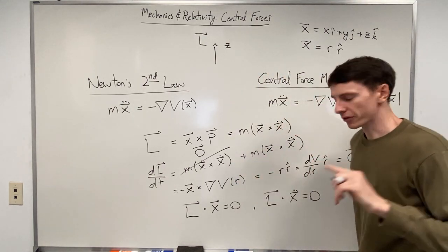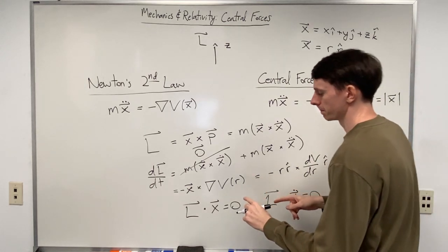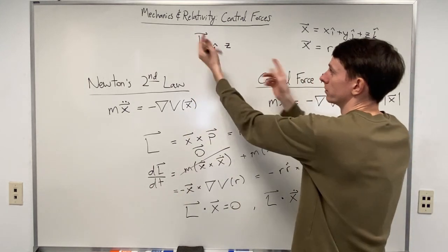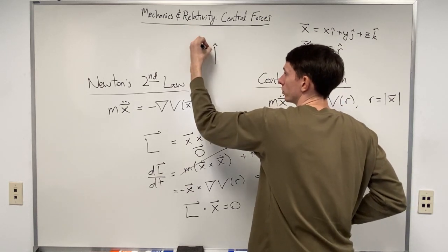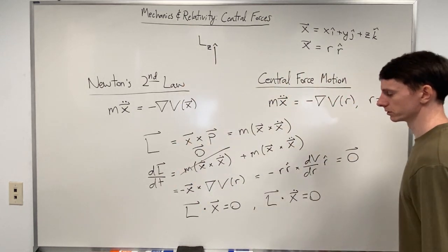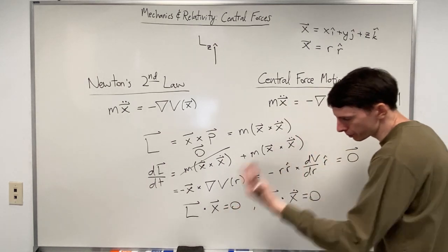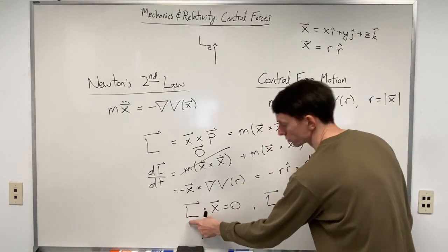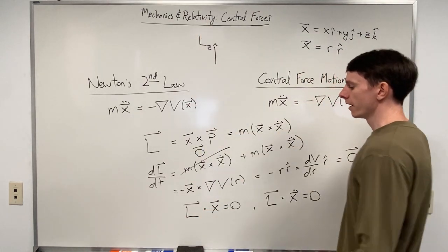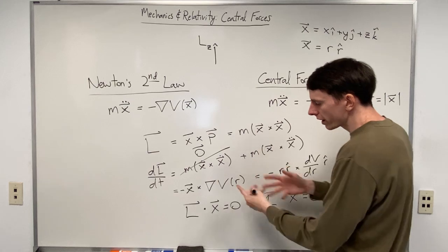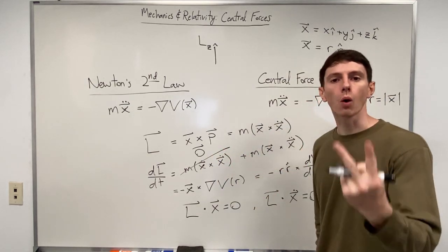Now, keeping that in mind, we have a fixed vector. What can we then say about the position of a particle? Let's say that L only has a z component, L sub z. Well, if the position vector x is perpendicular to the angular momentum vector, and the angular momentum vector has a z component, that means no matter how I write my position vector, it needs to only have x and y components, right?